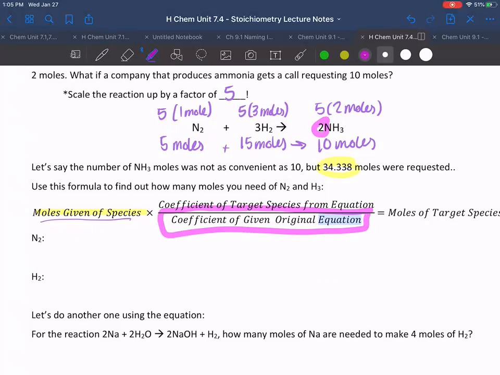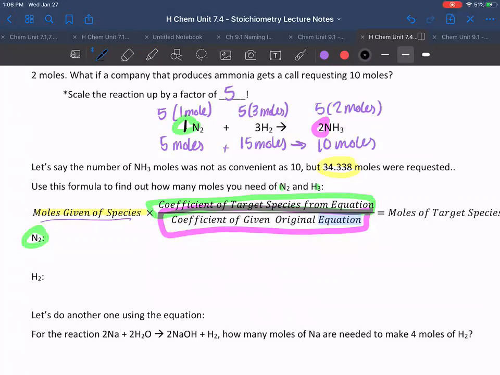Let me make sure I got this right. Nope, I'm good. We're asking how many moles we need of N2 and H2. So right now our target species is N2, and our coefficient of N2 from the equation is 1. I'll write that in here.